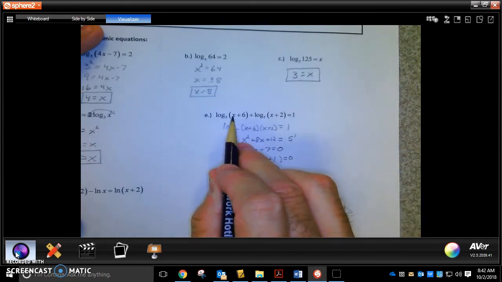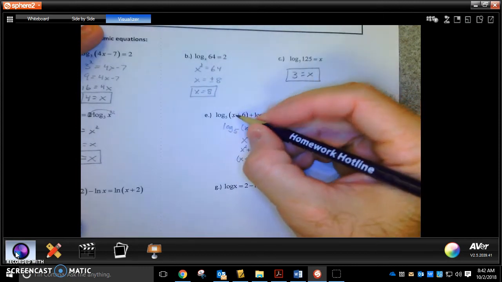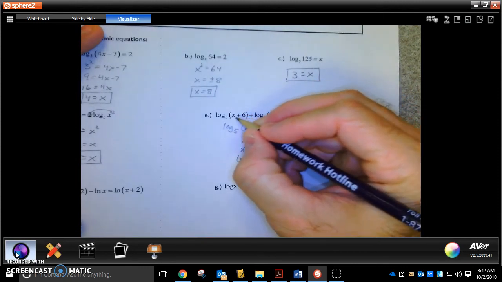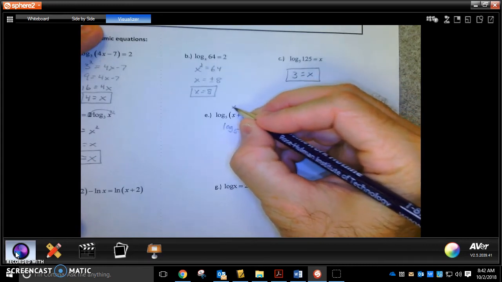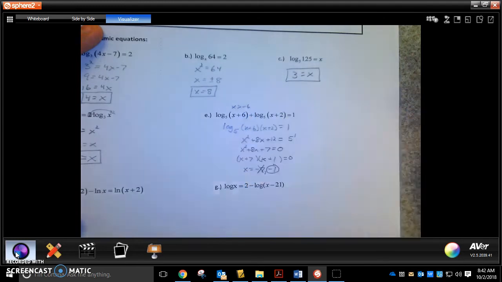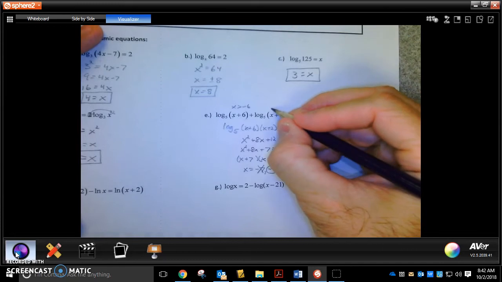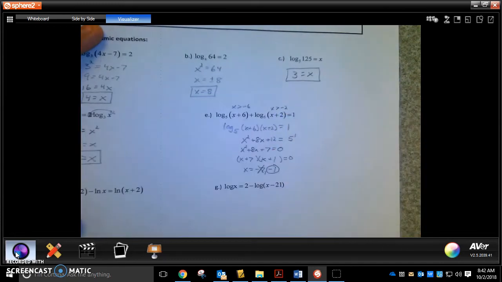If you look at this, I've got the log of x plus 6. This has a domain restriction. Since this can't be negative, this x plus 6 has to be greater than 0. That means x would have to be greater than negative 6. This one over here, x has to be greater than negative 2.